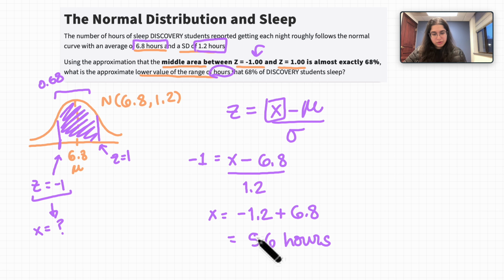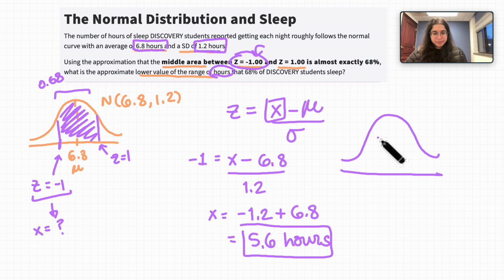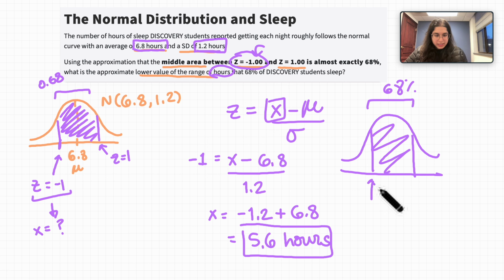So this z-score of -1 we have converted back in terms of the original data set using the given average and standard deviation. That tells us that at the lower end of that 68%, which represents this middle area of our data set, is 5.6 hours.